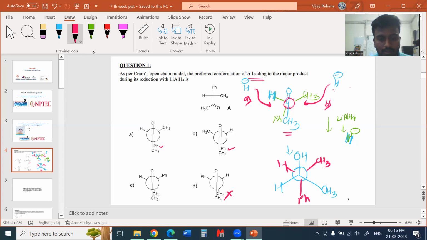So these two are obviously the incorrect ones. If you see here, the methyl group is on the right hand side, but here they have written it on the left hand side, so this one will be the correct one. So the correct answer will be A. A is the correct option.